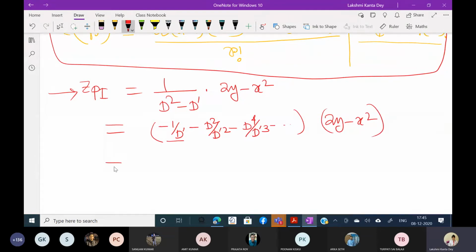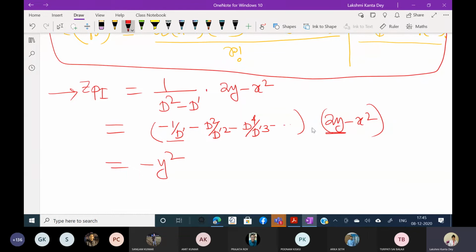So what's the meaning of 1 by d dash? Integration partially with respect to y. Yes. So it will be y, minus y square for this term, because y dy will be y square by 2, and the 2 is cancelled out. So it will be minus y square.